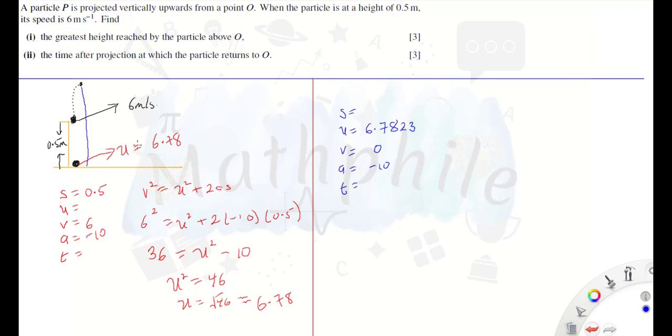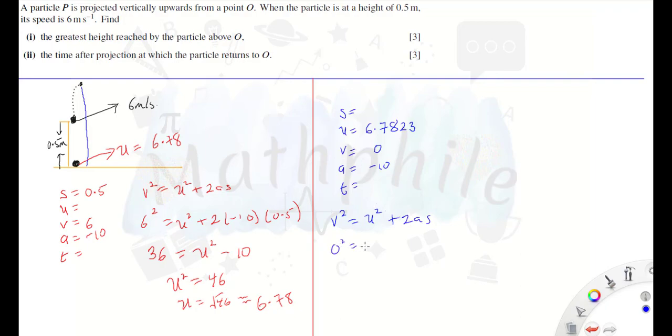But I think what we were saying too would have made a lot of things shorter. So I want to see if this one will give us the same answer. Yeah, I think that would have been even shorter. We're going to use V squared equals U squared plus 2AS.